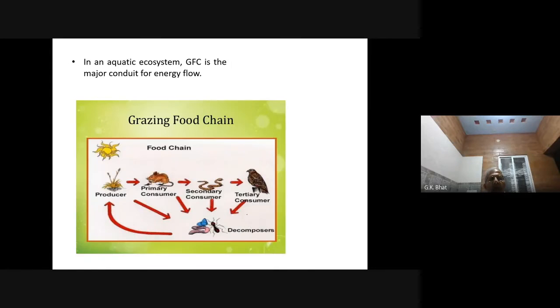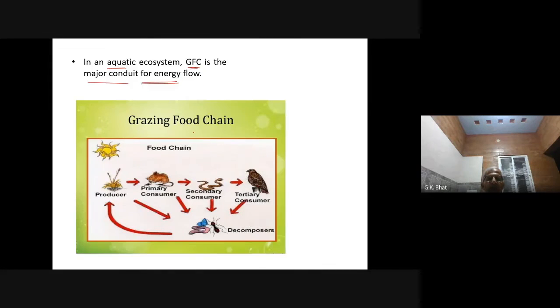In an aquatic ecosystem, grazing food chain is a major way of energy flow. You hardly come across a detritus food chain. Of course, there is a detritus food chain also, no doubt. But in an aquatic ecosystem, grazing food chain is a major conduit for energy flow.